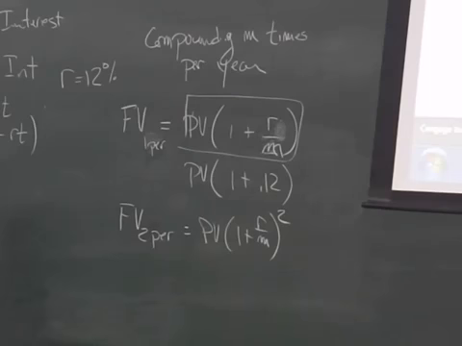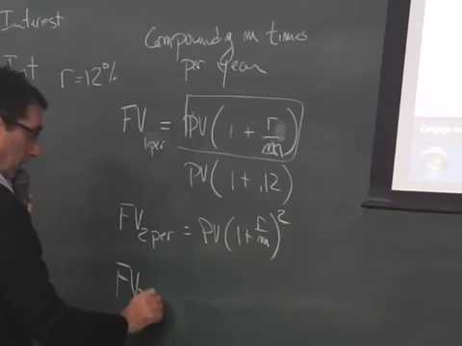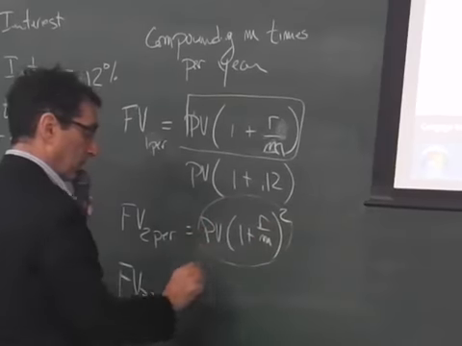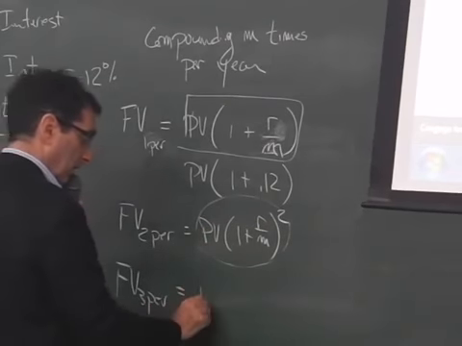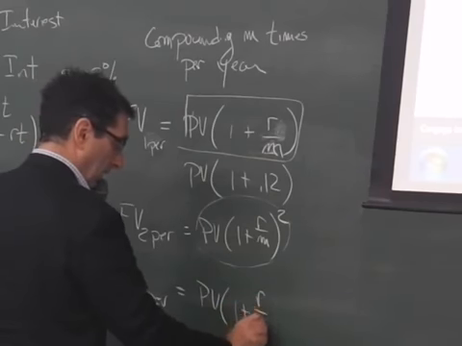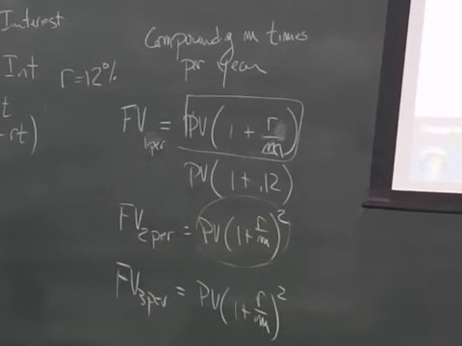And then what? Now I want to do the third period. So what's that going to be? FV third period equals, this is the new present value at the beginning of the third period, so it's PV times 1 plus R over M squared. That's how much I have in the bank.